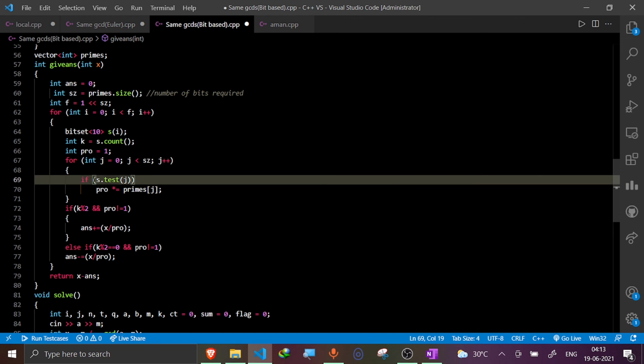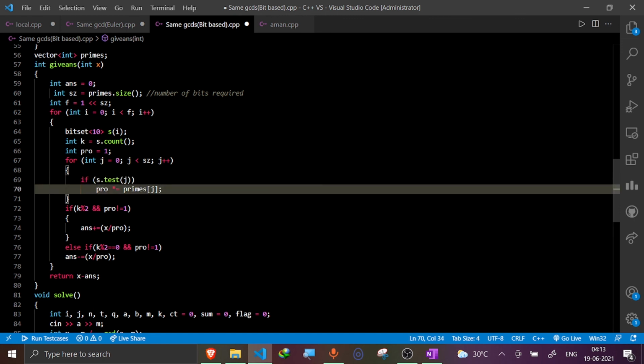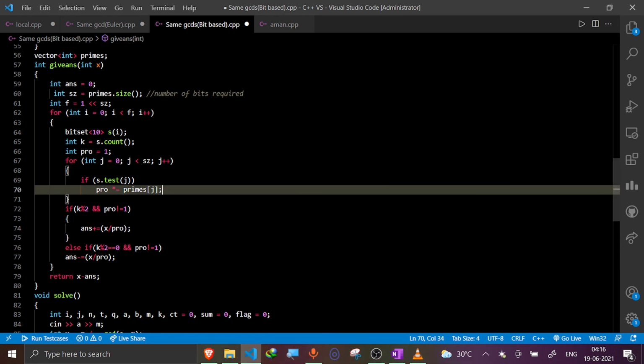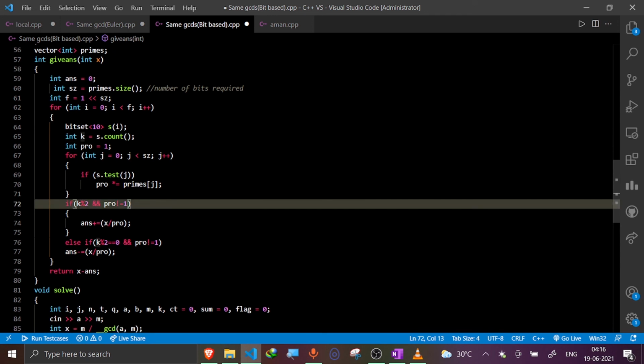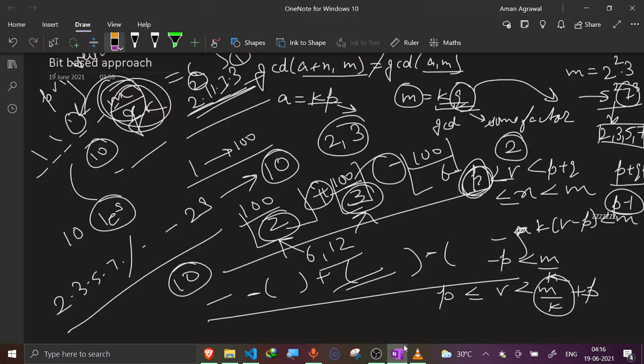So for every bit that is set, I would correspondingly multiply that prime which is stored in my primes array. And now after this, the number of set bits in that bit representation, which I'm getting by this k, which is s.count, represents the number of set bits in the bitwise representation. If that number is odd, then I would add that number that I showed you initially.